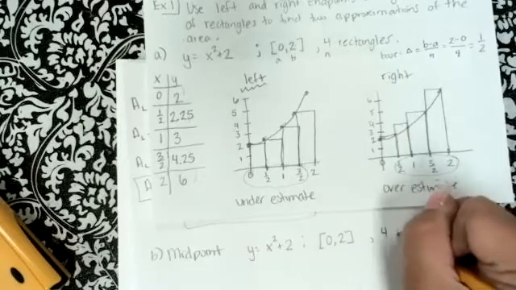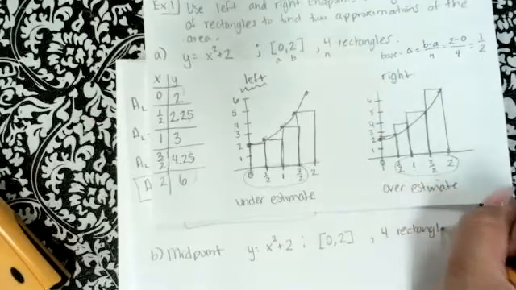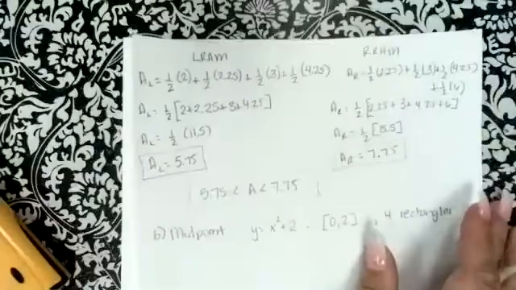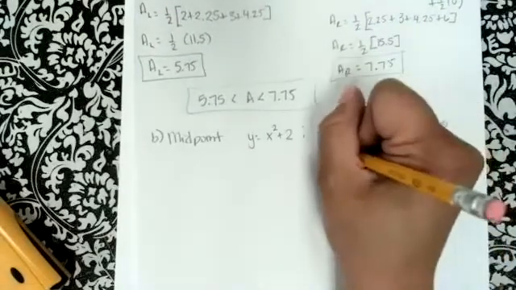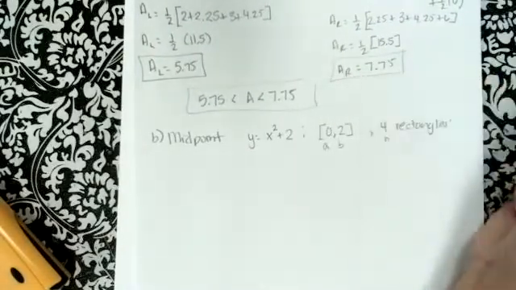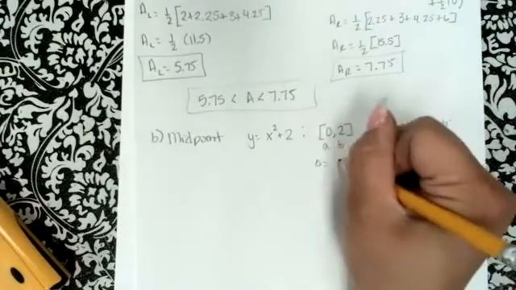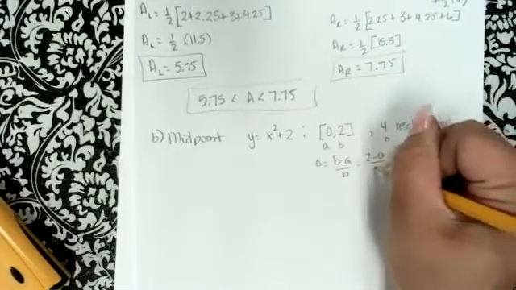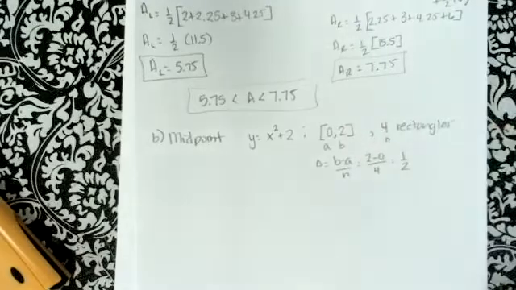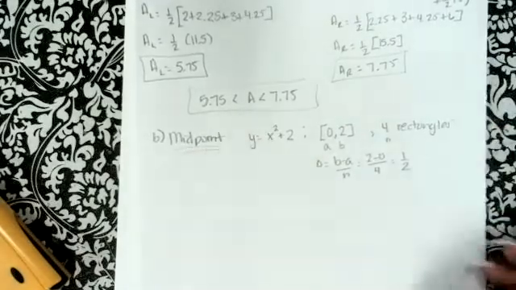And I want 4 rectangles again. So once again, this is your A, this is your B, and this is your N. So each base is going to be 2 minus 0 divided by 4. It's still going to be a half. However, we want the midpoint.